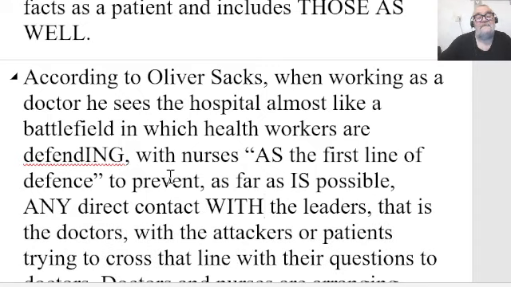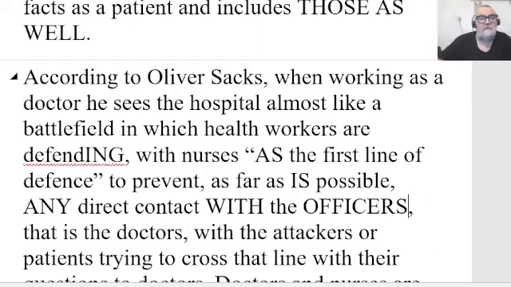with the leaders, with the officers, with the brass. They very often use this word brass as well. With the leaders, with the officers, that is the doctors.